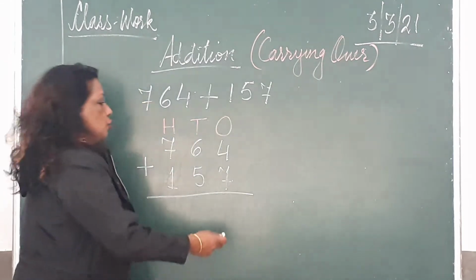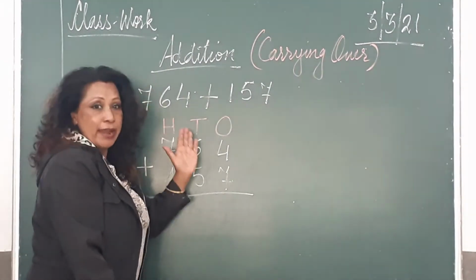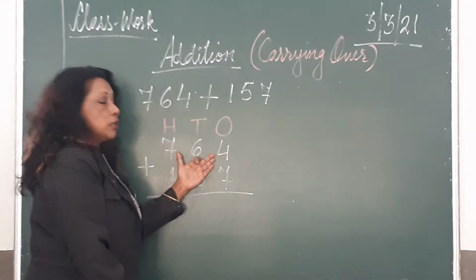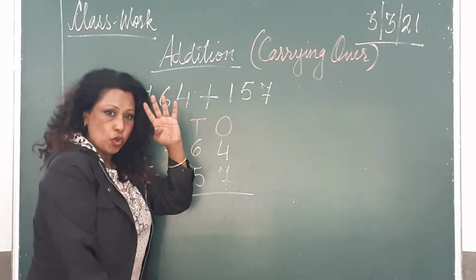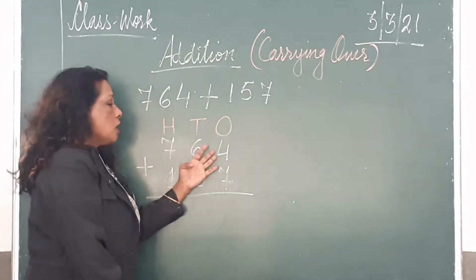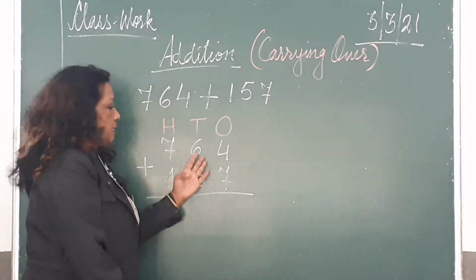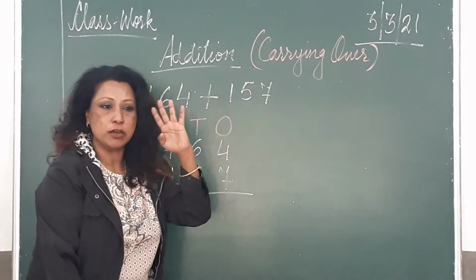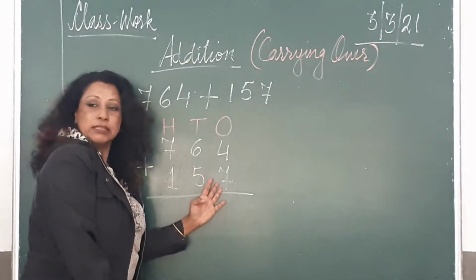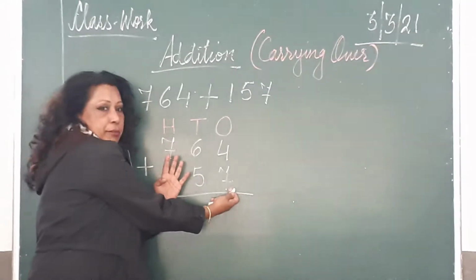I told you in the last video, the without carrying over video, the smaller number you take out on your finger. Out of 7 and 4, which is smaller? 4 is smaller, yes? So you take out the small number on your finger, and the big number you keep here only. So start counting from the bigger number.